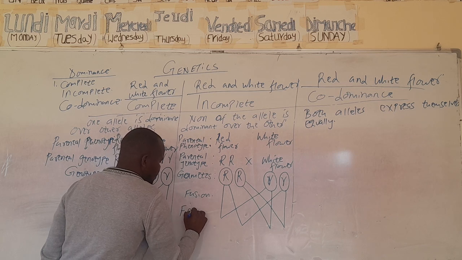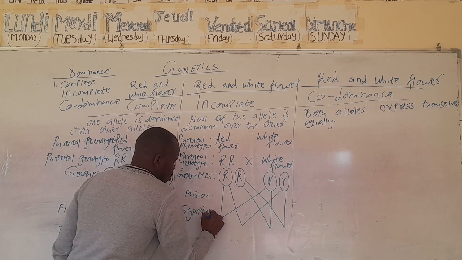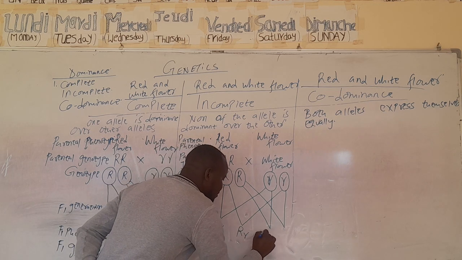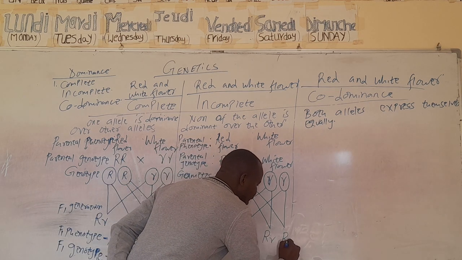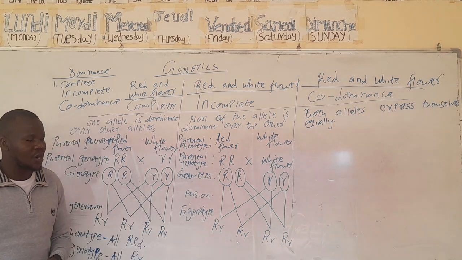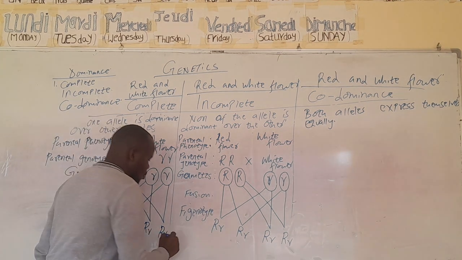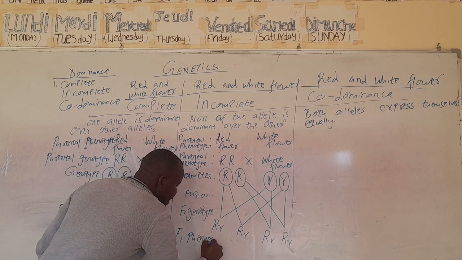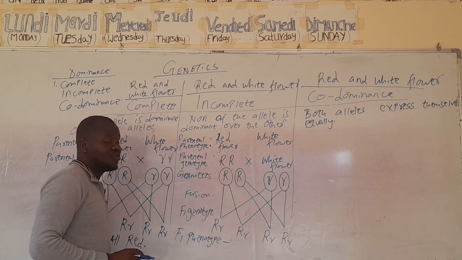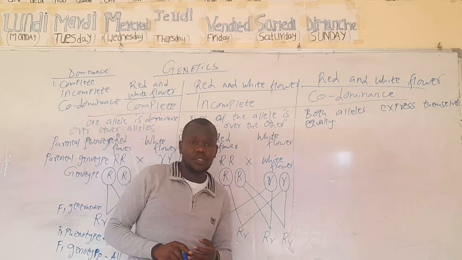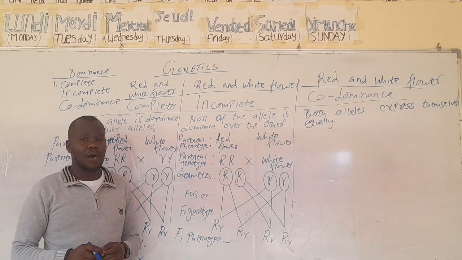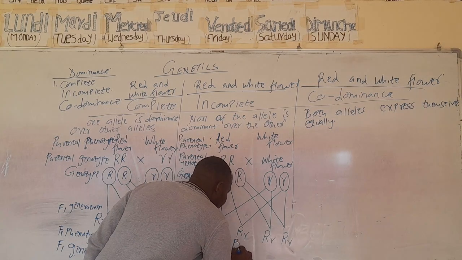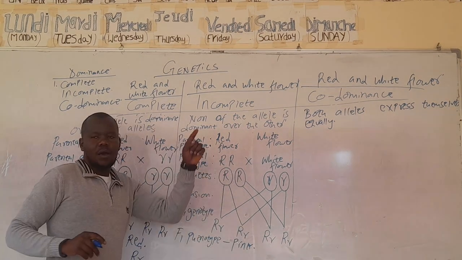So this is the F1 genotype, and our F1 genotype will be capital R, small r, capital R, small r. They remain the same. For the F1 phenotype, we have a different color, which is pink.